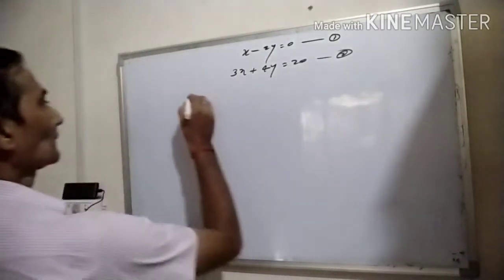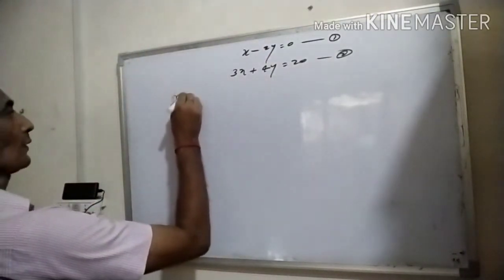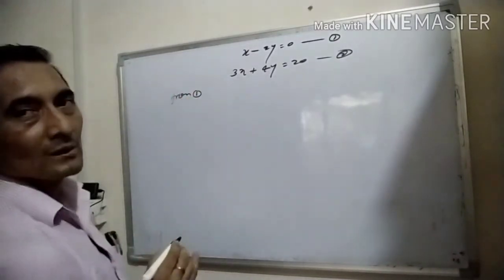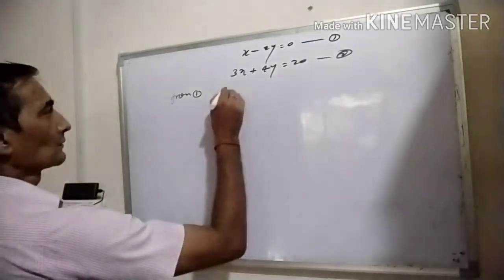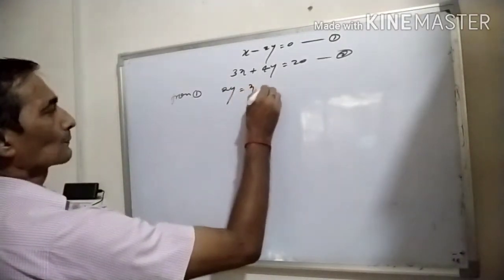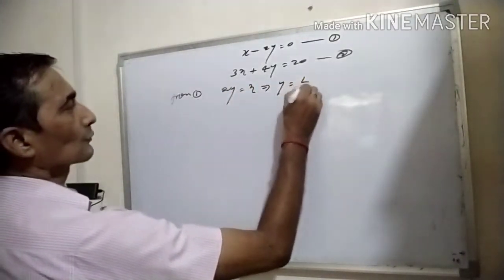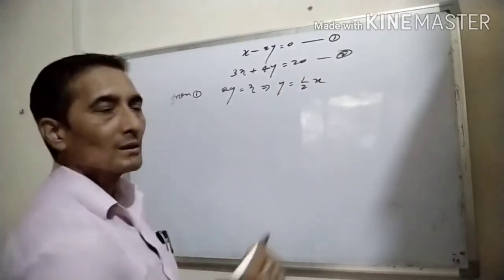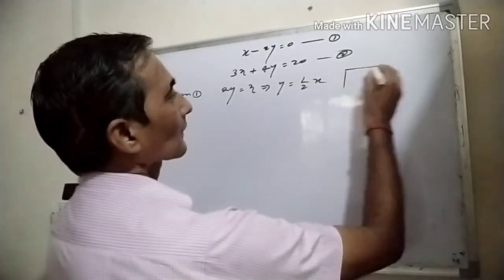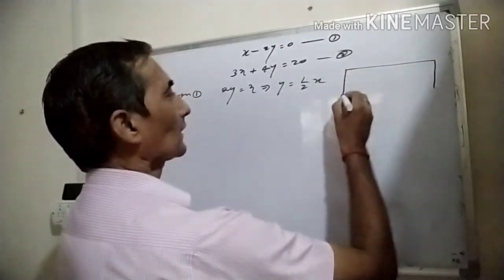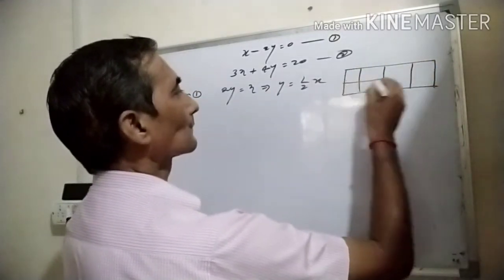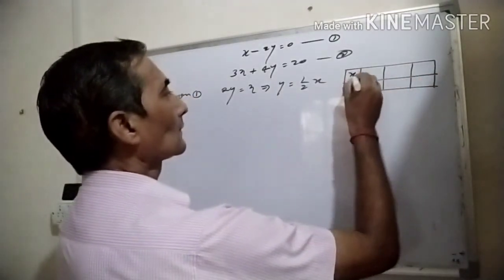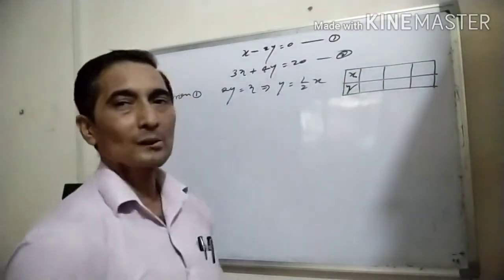So from the first, we try to find the value of y in terms of x. 2y equal to x implies that y equal to 1 by 2 x. Now to plot a graph, make a table of data just like this, the value of x and the corresponding value of y.